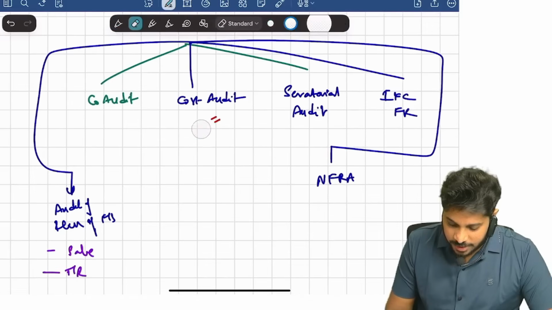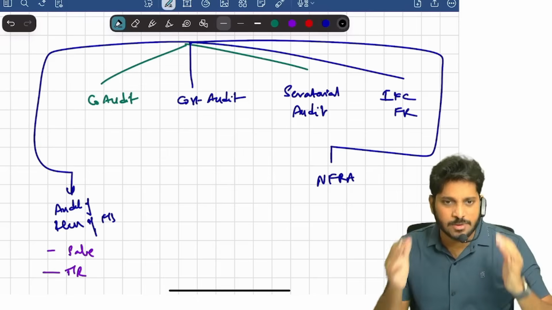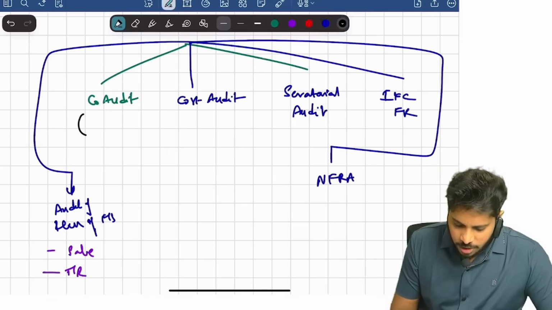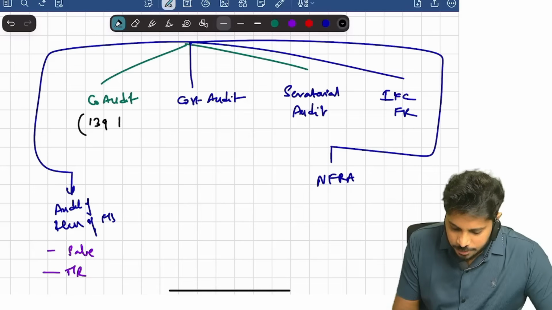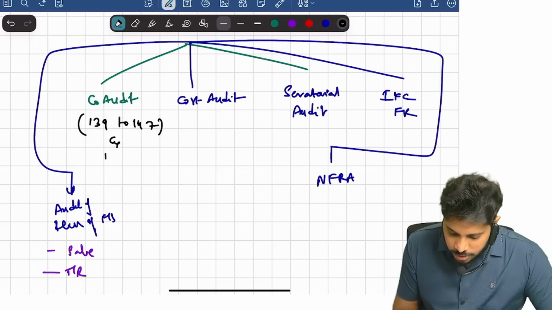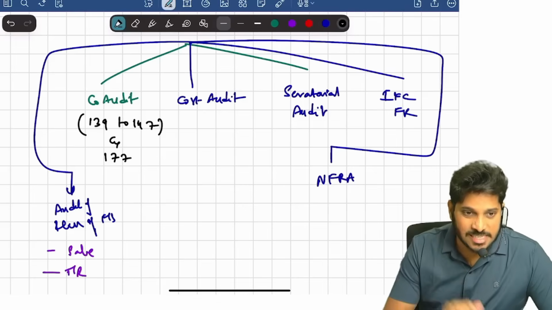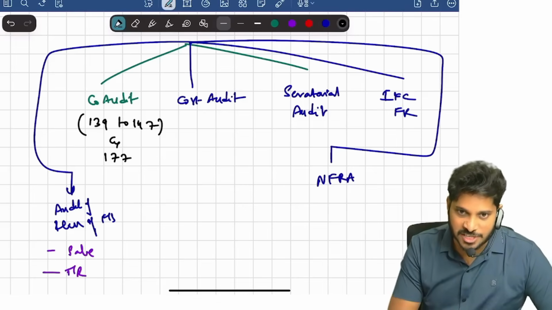Now, before I proceed, what are the sections applicable for you? For company audit provisions, we are going to discuss sections 139 to 147, and also section 177, which deals with audit committee provisions.